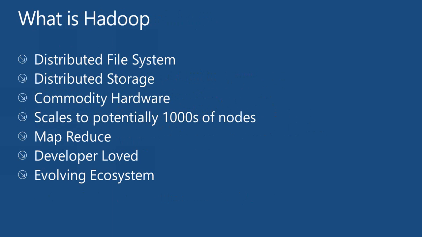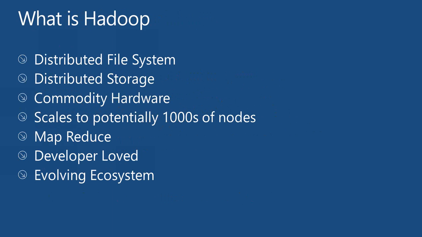So a quick recap, what is Hadoop? Hadoop really is only two things, right? It's a distributed file system and it's MapReduce. Most people, when they're talking about Hadoop, are talking about the Hadoop ecosystem, so Storm, Impala, Hive, Stinger, Pig, all of those things, those are the ecosystem. But Hadoop itself is a distributed file system and MapReduce.